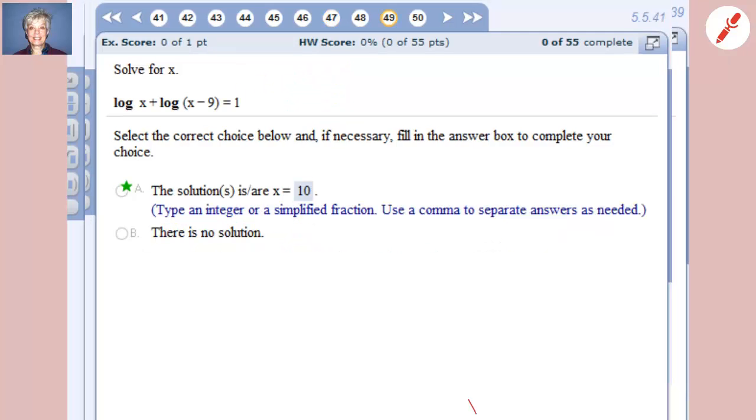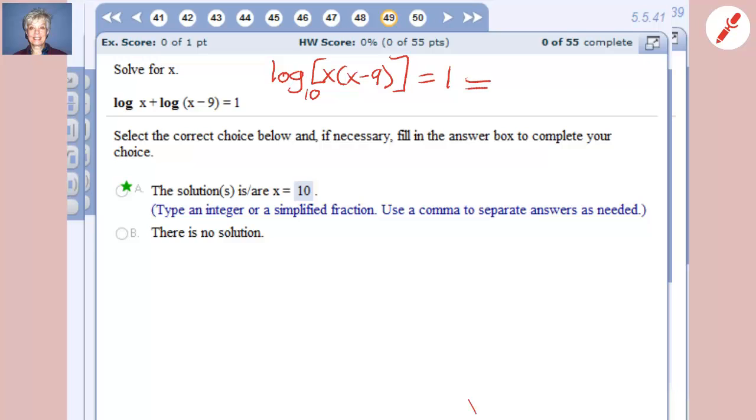Here we go. This is going to be an interesting problem. We have log base 10 of x times x minus 9, and that equals 1. But remember the definition of a logarithm.